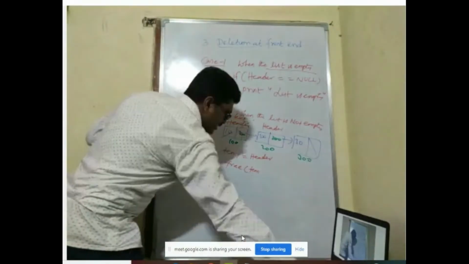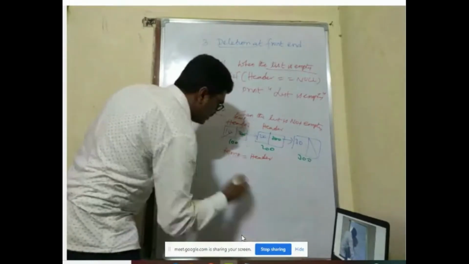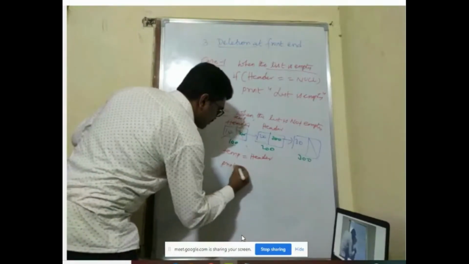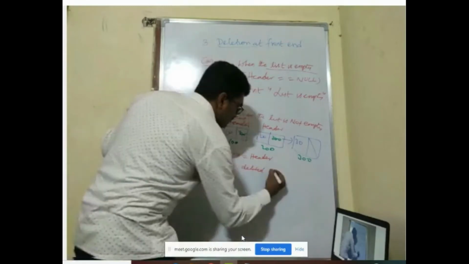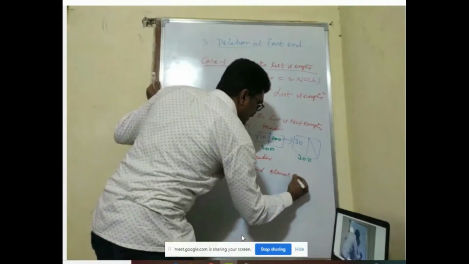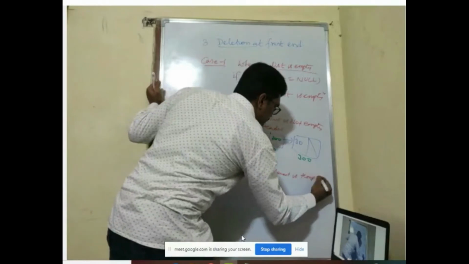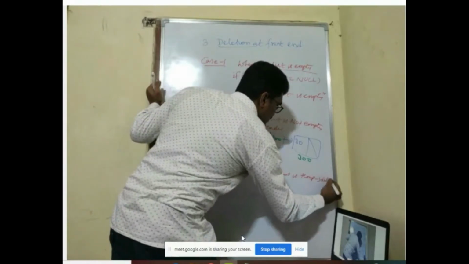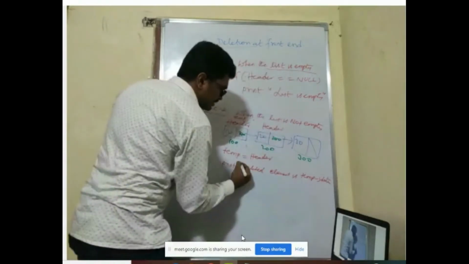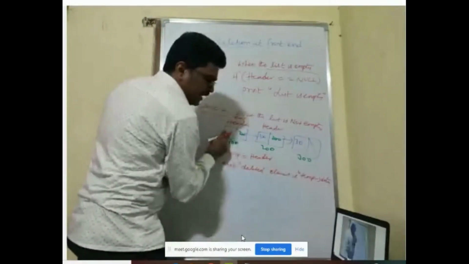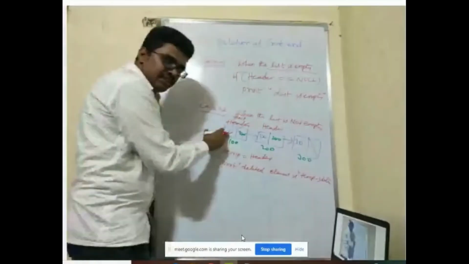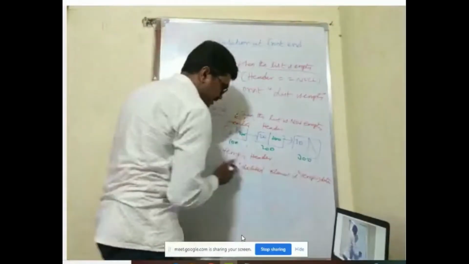Before that, in order to understand, print "Deleted element is temp data." What is it that you are deleting? We'll just put a message. Temp data only we are deleting; 10 I am deleting. How does the user know that you have deleted? So we are putting a message. This is just a message.